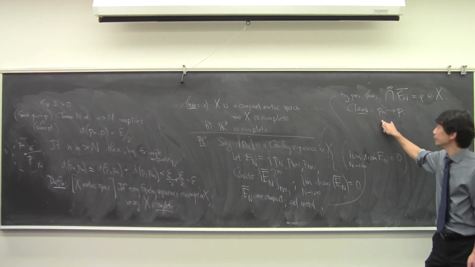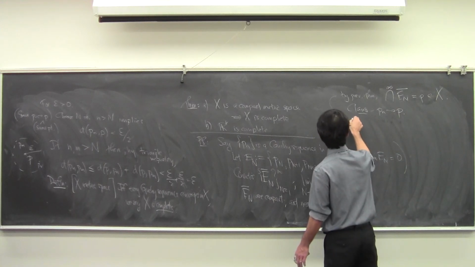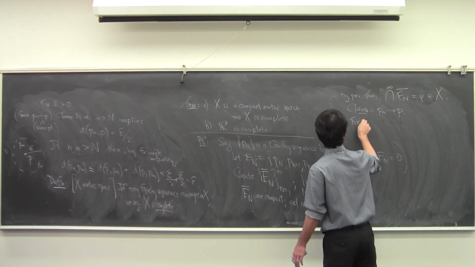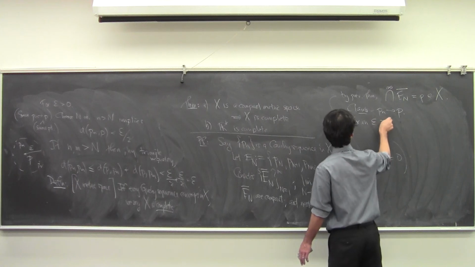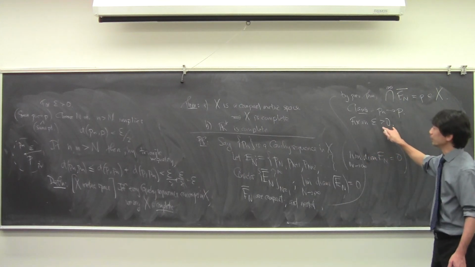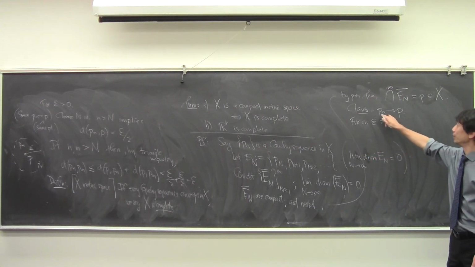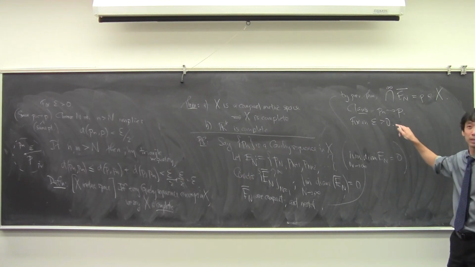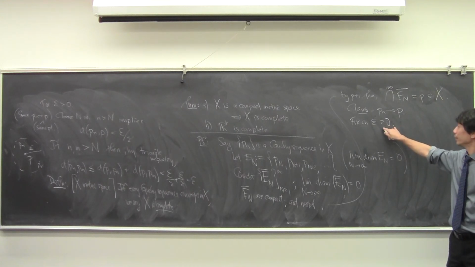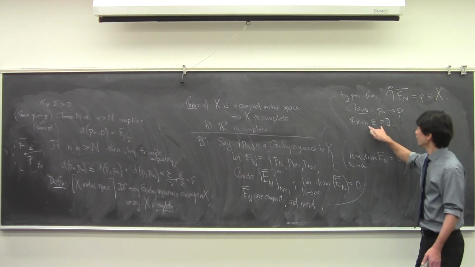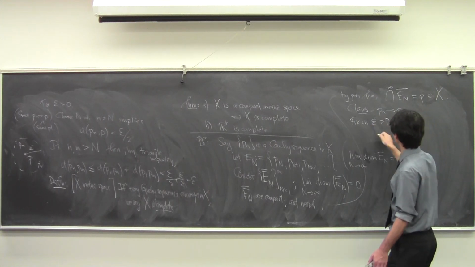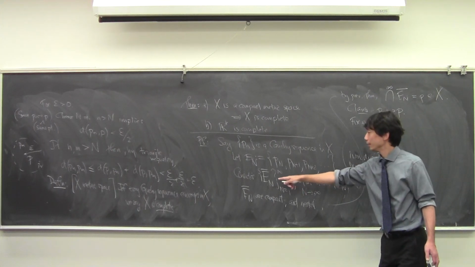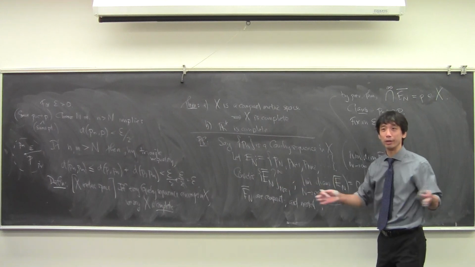Fix any epsilon. We have to find a time past which all the p_n are within epsilon of p. But that's straightforward, because we know that the diameters of these tails are going to 0.